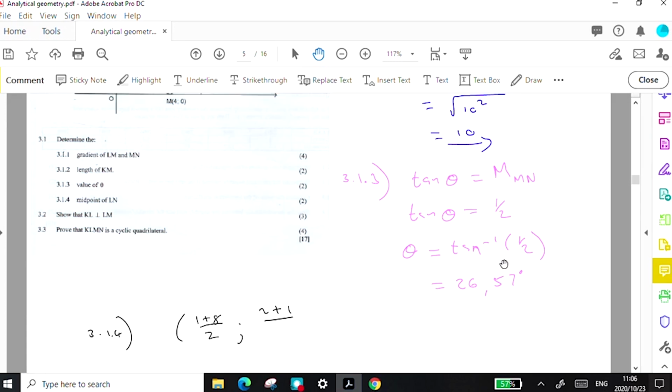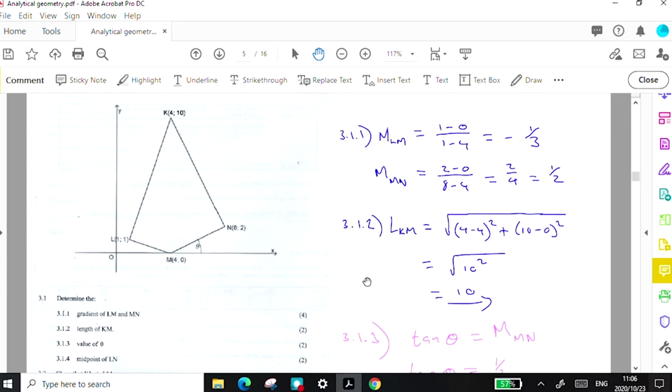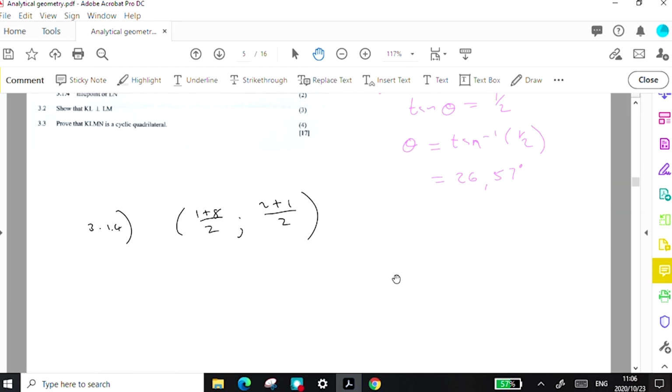So the midpoint is the point 9/2 and 3/2.